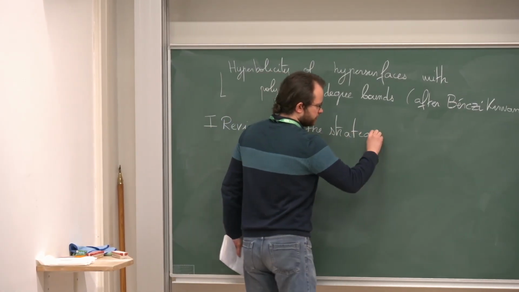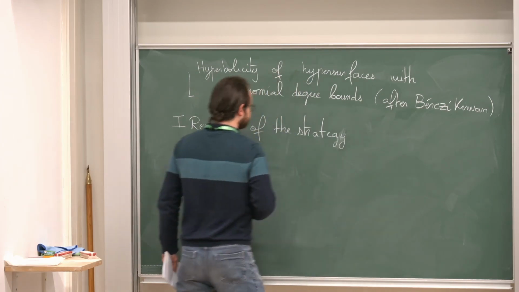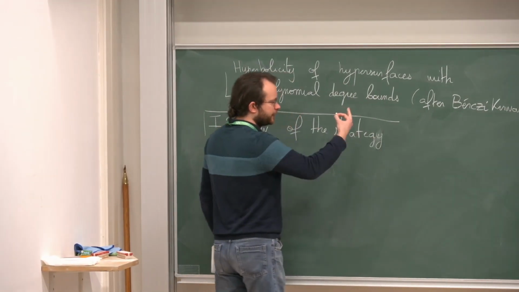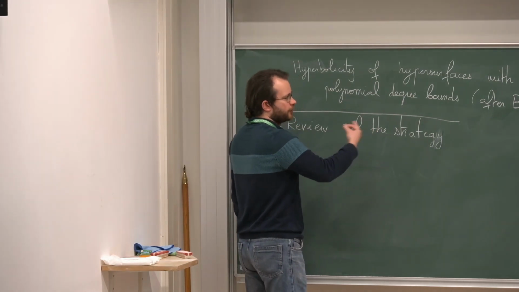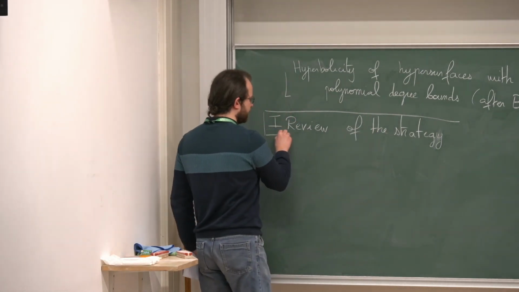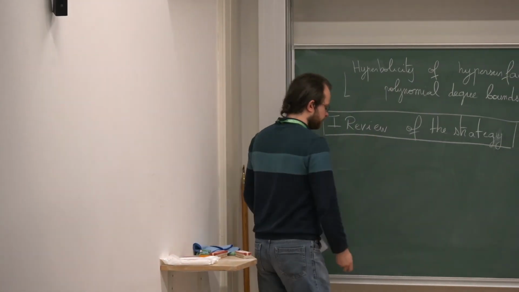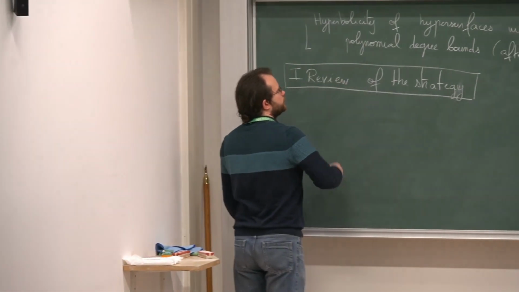which is based on the use of jet spaces. So, the strategy to prove, say, the Green-Griffith-Lang conjecture for hypersurfaces, and it will imply, as Eric said, the Kobayashi conjecture in a second time.